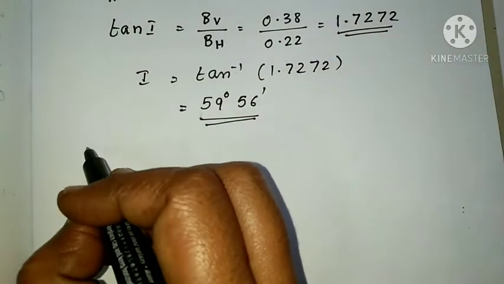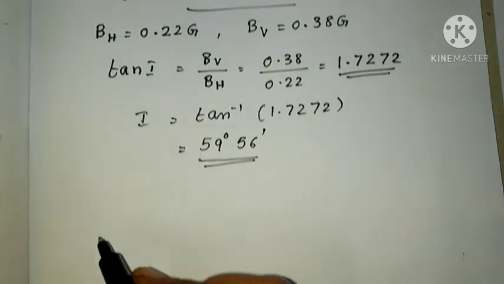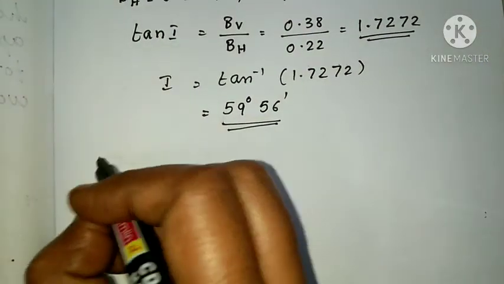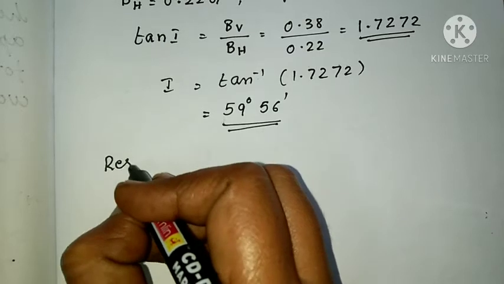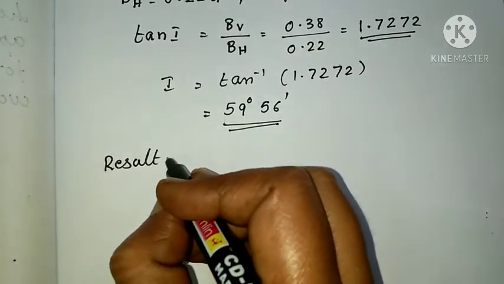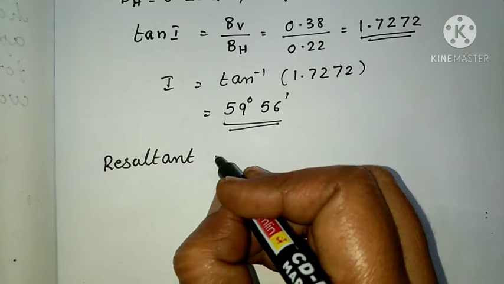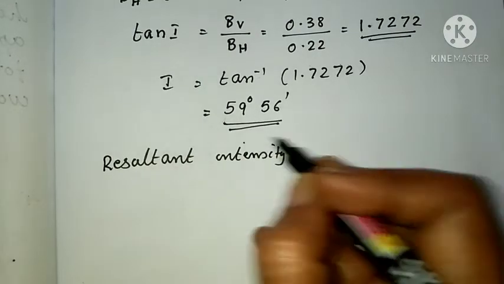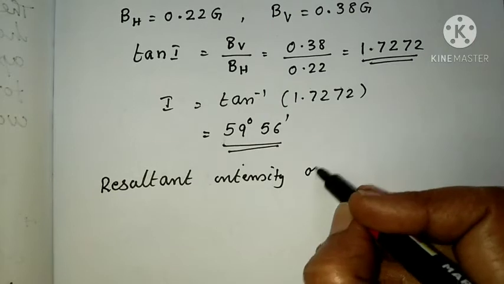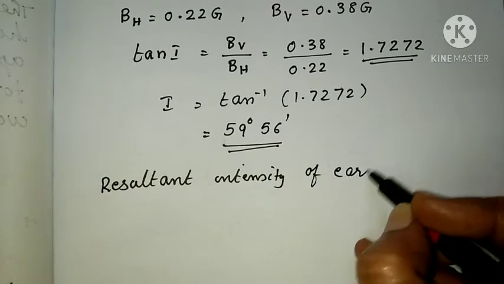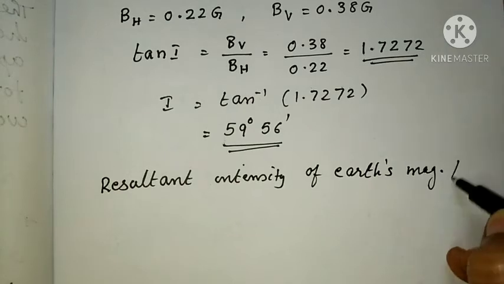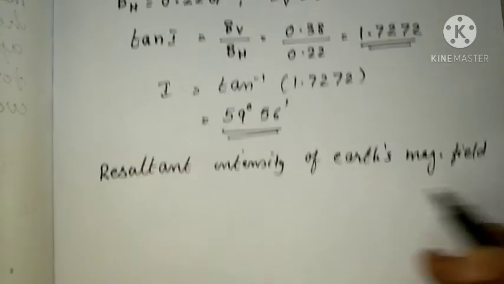Then what is the second part? What is the resultant intensity of the Earth's field? So we can write resultant intensity of the Earth's magnetic field. What is the formula for the resultant intensity?